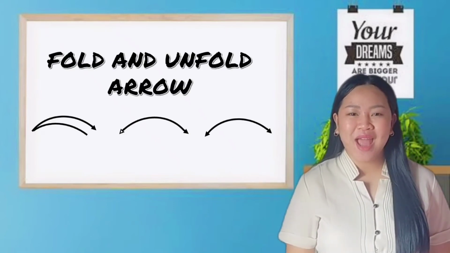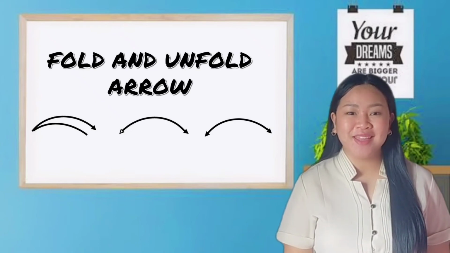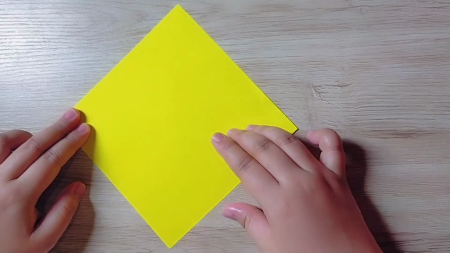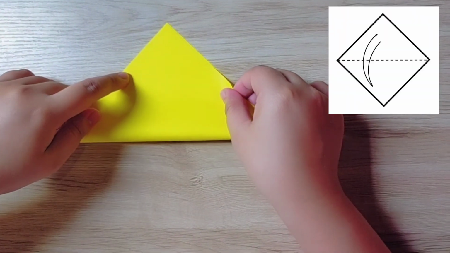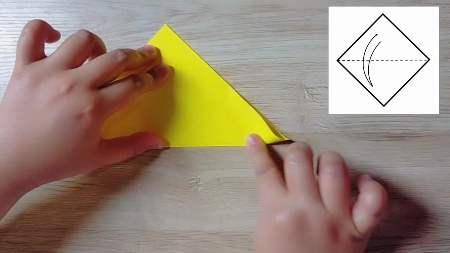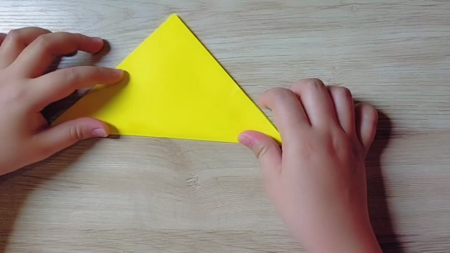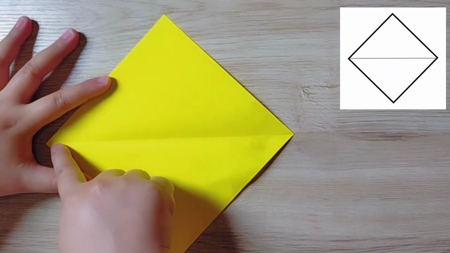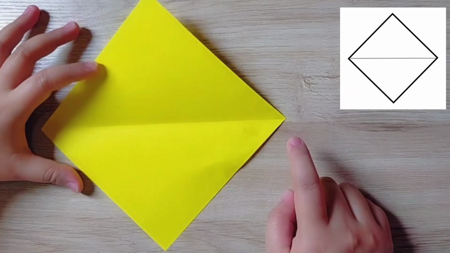Fold and unfold arrow means you are creating a crease line. For example, we will fold and unfold this paper based on this diagram. As a result, it will look like this. As you can see, it creates a crease line.